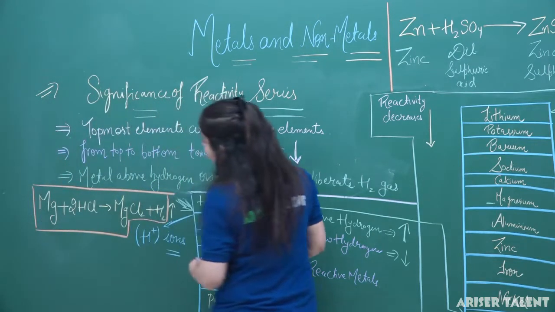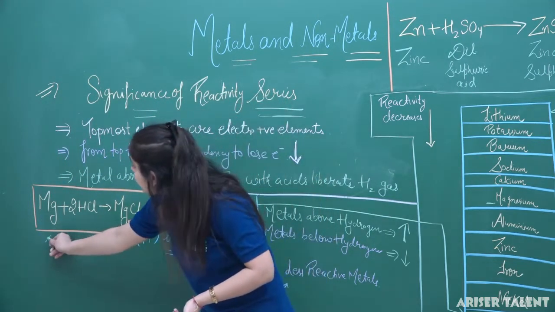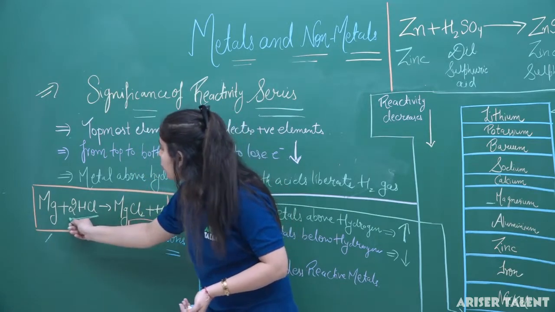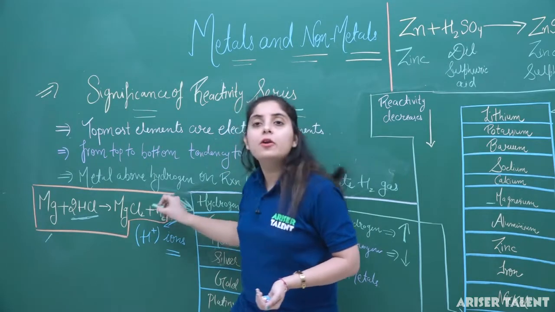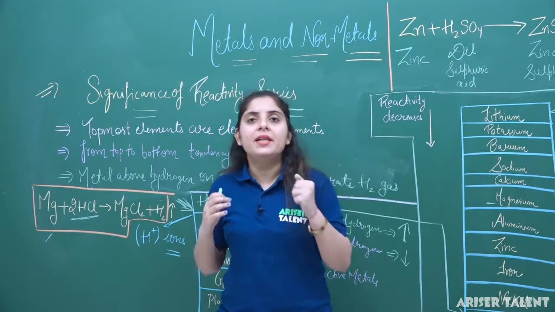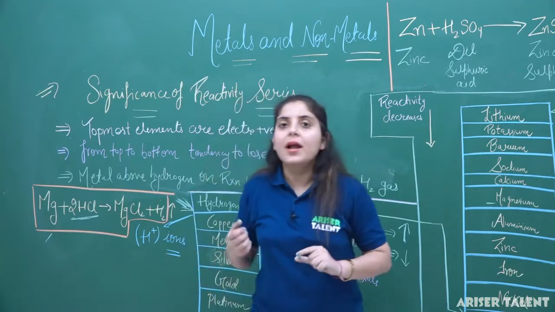So when magnesium reacts with dilute hydrochloric acid, magnesium chloride is formed with the liberation of hydrogen gas. So we can see that metals above hydrogen react to liberate hydrogen gas.